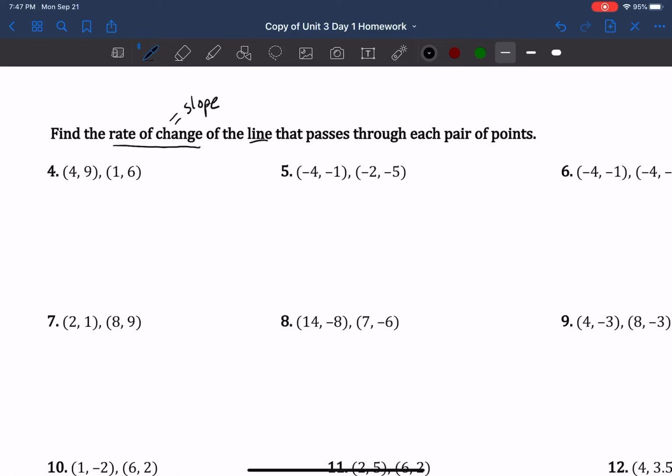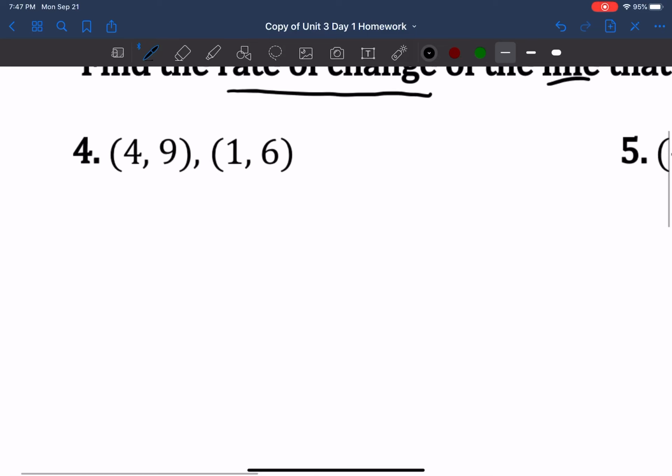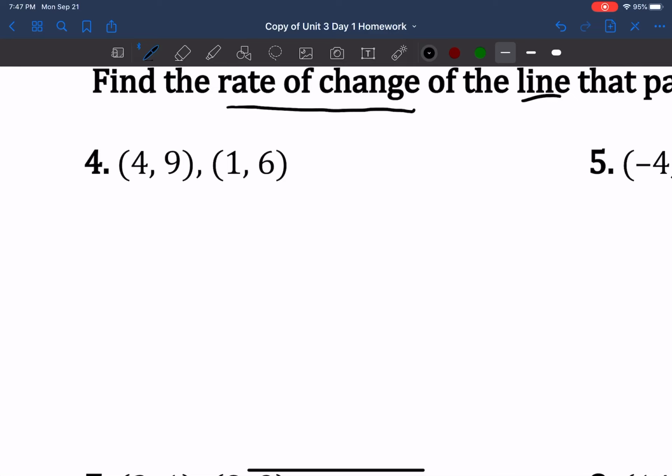And if I know these 2 points, so let's say on number 4, if these 2 points pass through a straight line, then I know I can find the slope, the difference in the y change and the difference in the x change. So looking at our star charts, either one in class or under the resource tab in Google Classroom, we have our star reference sheet.